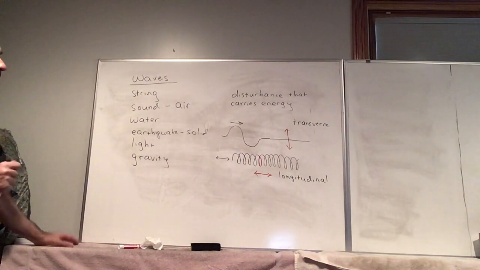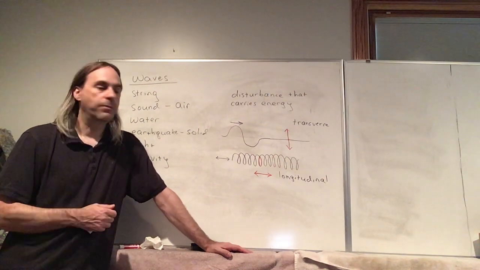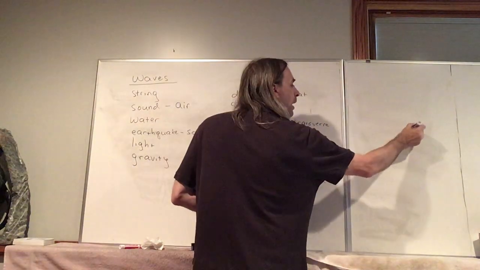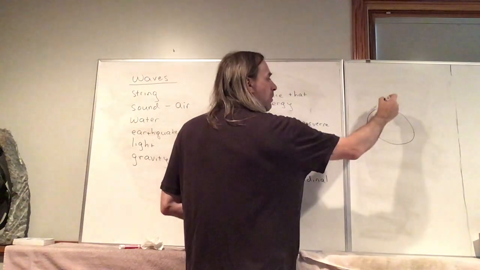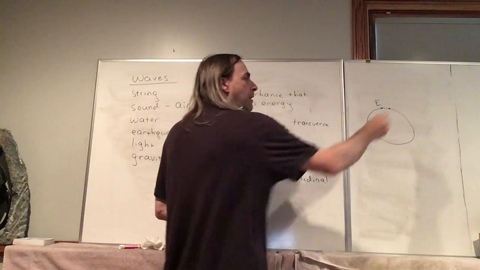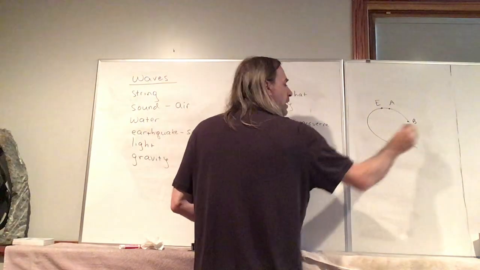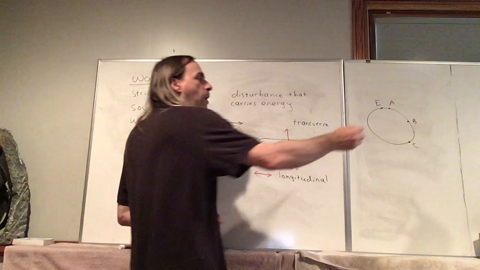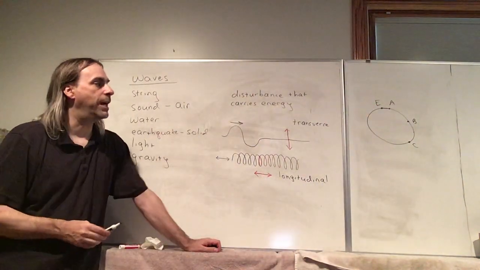But the different layers of the Earth can support different types of waves. And so let's say here's the Earth, and there's an earthquake that happens here. If there's a seismic station right next to it, say A, and say B and C, different seismic stations that detect this earthquake, the wave getting to A can travel through the crust, and so we can get all different types of waves.